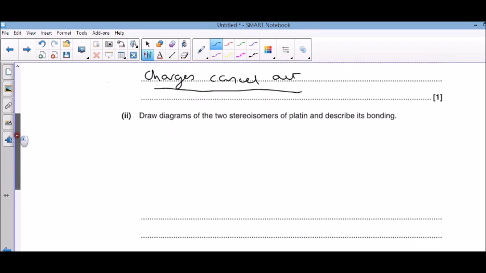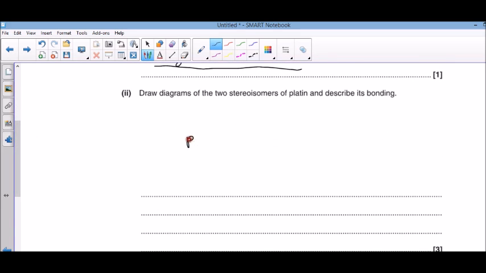Now we've got 2 stereoisomers of platinum. So we've got Pt, it's obviously square planar. This is one that you should have learnt. So there we are, 2 square planar molecules. This one is, for me, the cis. So that makes this one the trans.